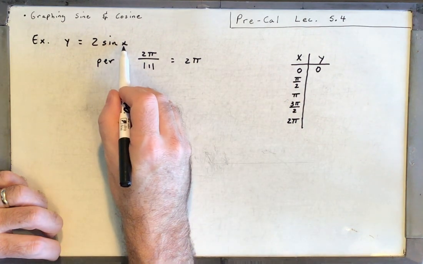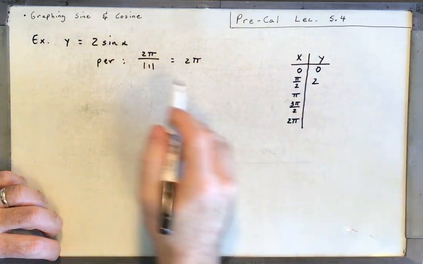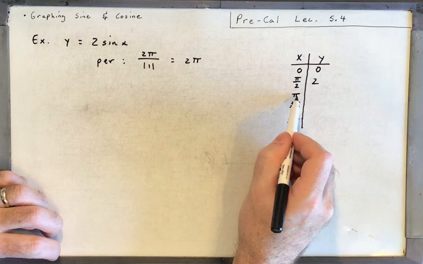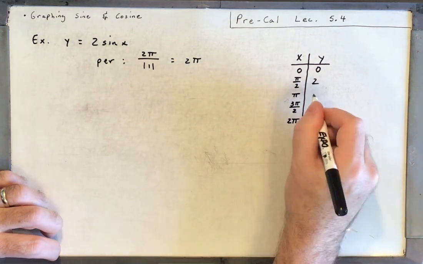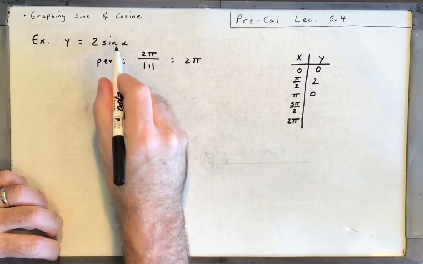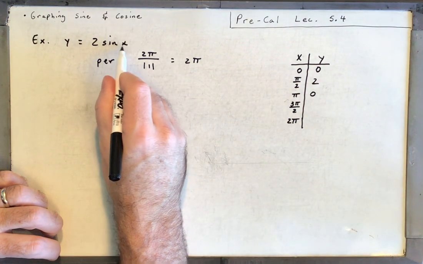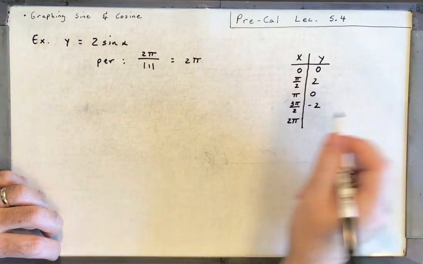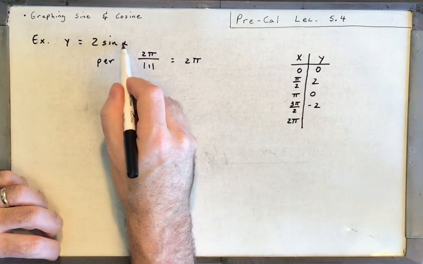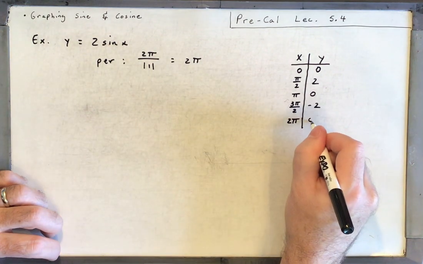Sine of that is 1, times 2 is 2. Sine of pi, look at your unit circle, that's going to be 0, times 2 is 0. Sine of 3 pi over 2, our next x value, it's negative 1, times 2 would be negative 2. And then the sine of 2 pi, put 2 pi in, look at your unit circle, it's 0, times 2 is 0.